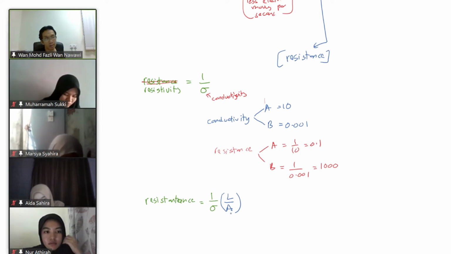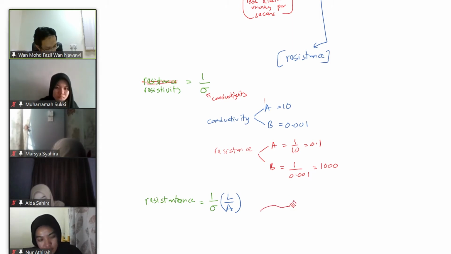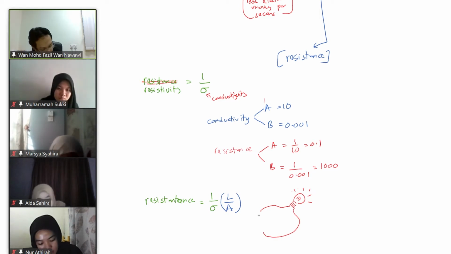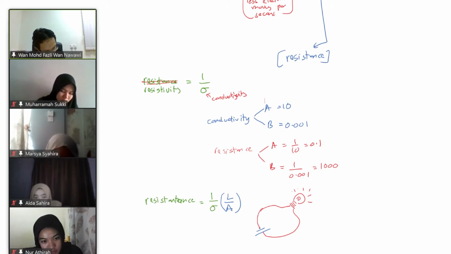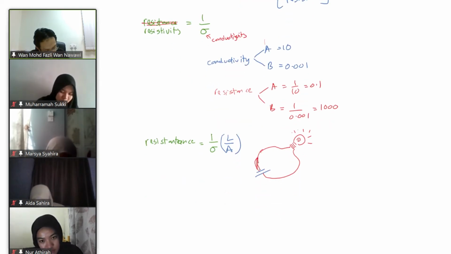So what does it mean here? It means that if you have a wire, and then you have a lamp and a battery there. Let's say you have a thicker wire.